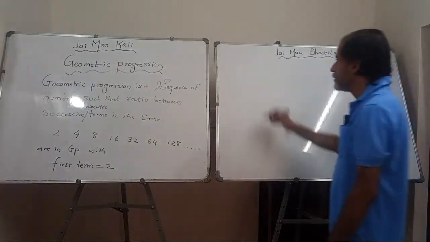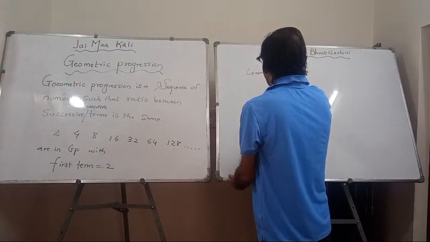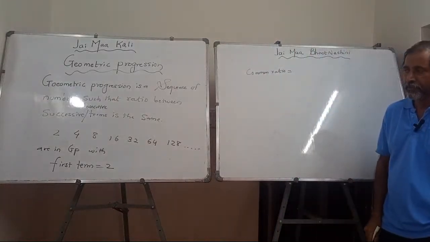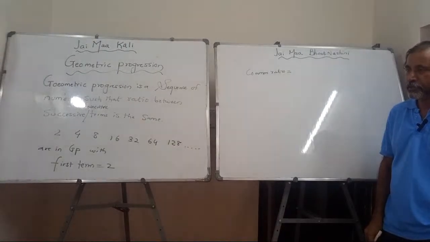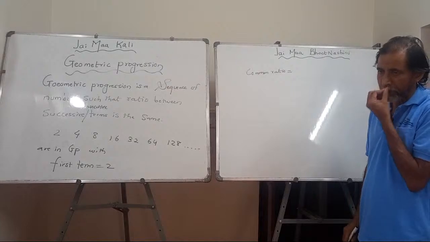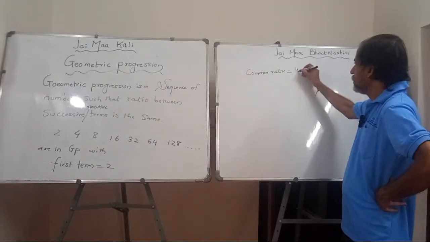What is the common ratio? What is the ratio between two terms? Second term by first term, 4 by 2. Correct. Is what? 2.